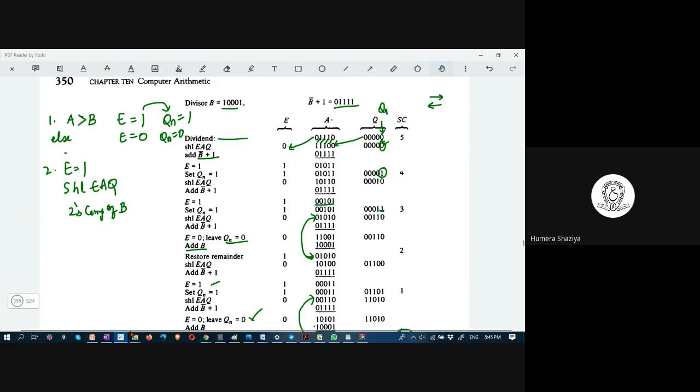So this MSB bit of A has moved into E, and then you are adding 2's complement of B to get the partial remainder. Here, this remainder is greater than B. Therefore, E is 1 and set Qn equal to 1.